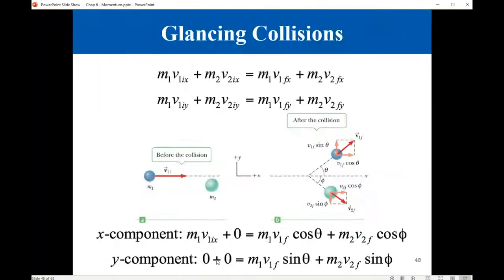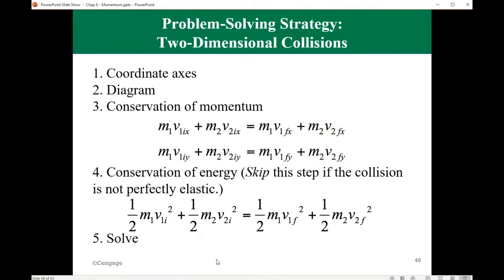So you can apply algebra, and usually since you have two equations, you can solve for two unknowns. The same strategy that we talked about earlier, you can always apply it. You need to draw your coordinate system and then apply the conservation of momentum and the conservation of energy if elastic. If not elastic, skip. That does not apply.